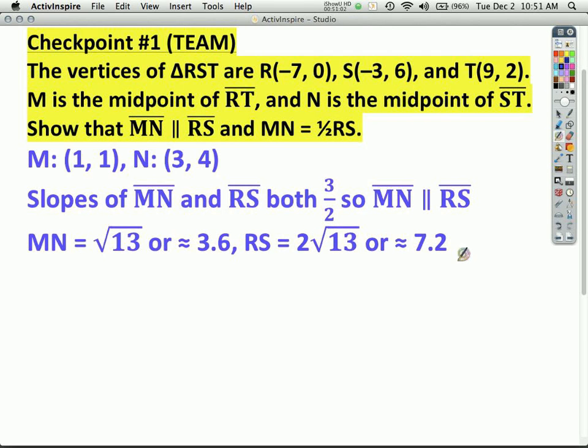Using the distance formula, you get MN is radical 13, or if you use a calculator, it's approximately 3.6. RS, if you simplify using the techniques you learned last year, you get 2 radical 13. But if you use a calculator, you get approximately 7.2, and either way you can see that MN is half of RS.